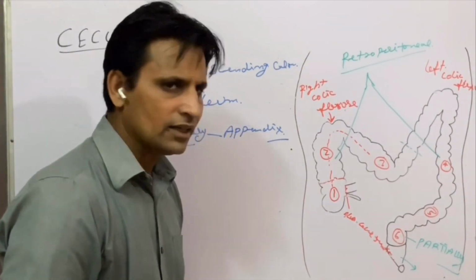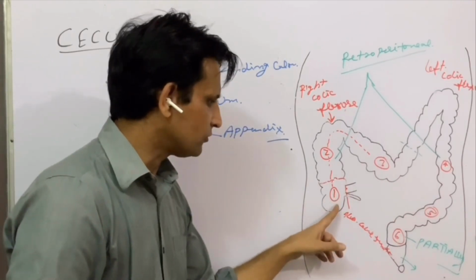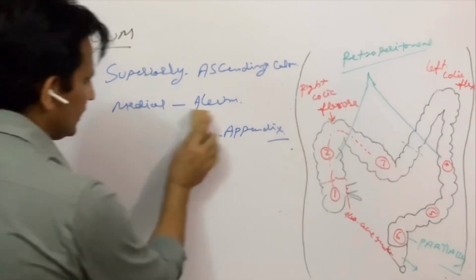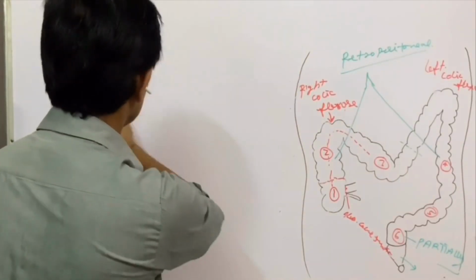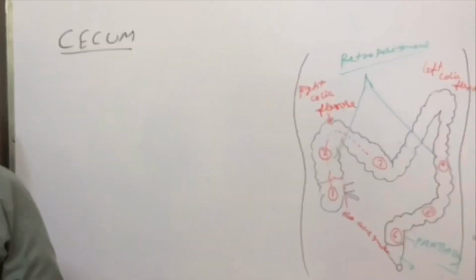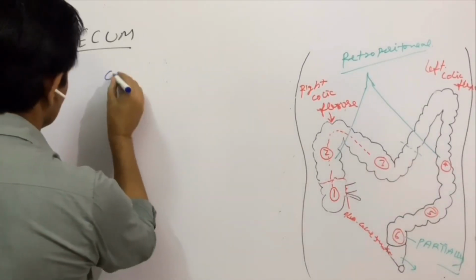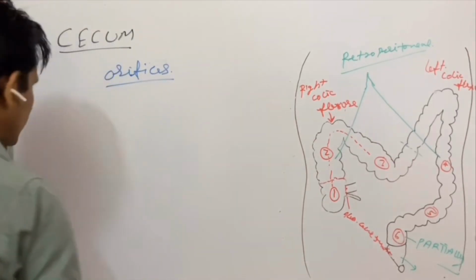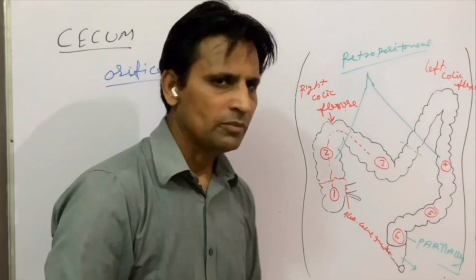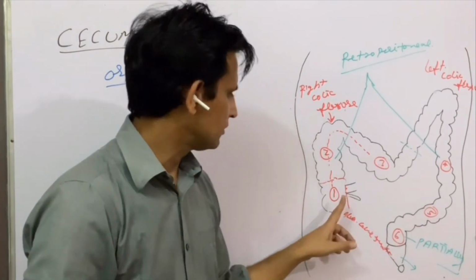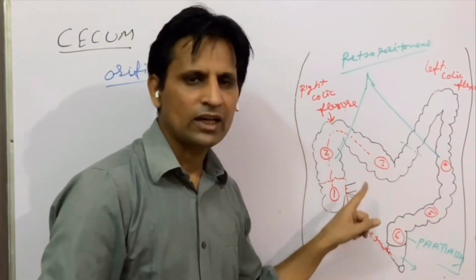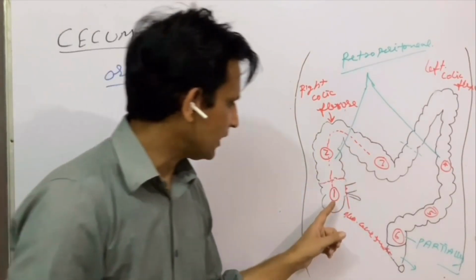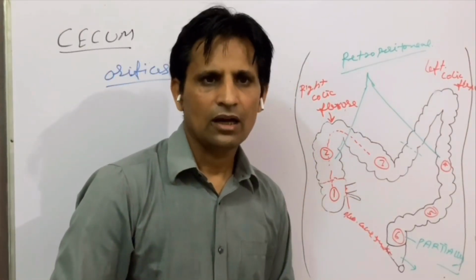Next, a more important thing is the orifices of the cecum. So the next heading is orifices. What are the orifices? The two main orifices are one where it connects with the small intestine, and the second one where it connects with the appendix.